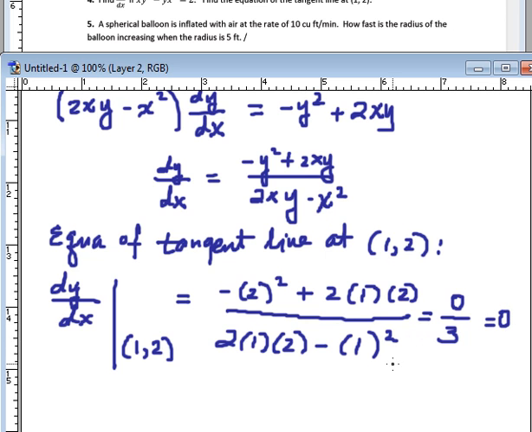That means we have a horizontal tangent line. Alright, and now the point is 1, 2. Y coordinate 2. Okay, so that means the equation of the line is just y equal 2. That's the form of the equation of a horizontal line, y equal to a number.